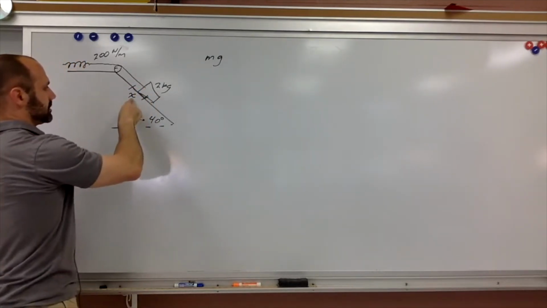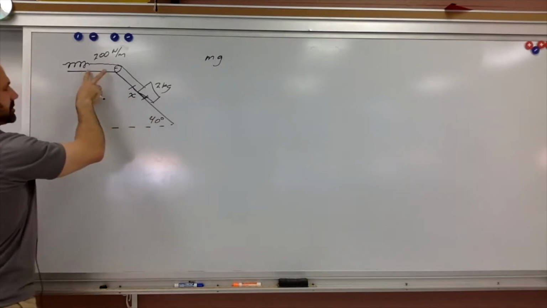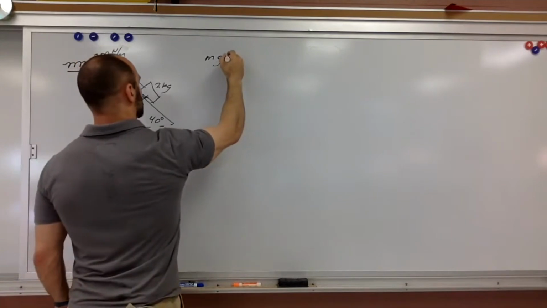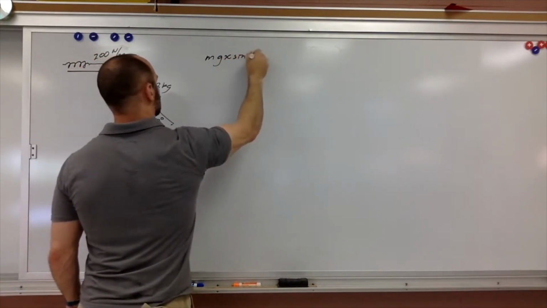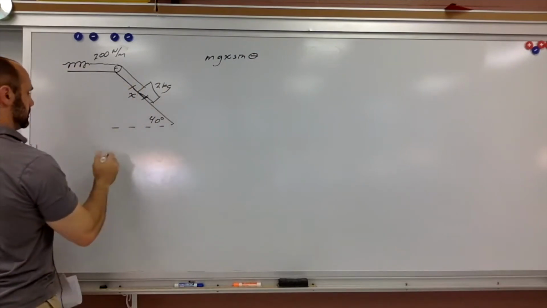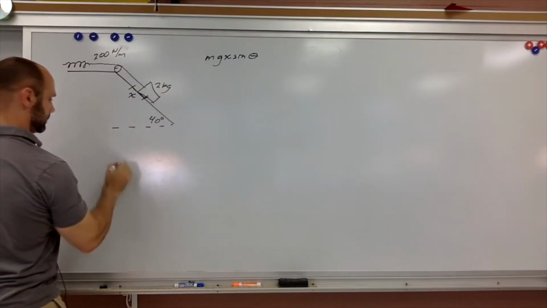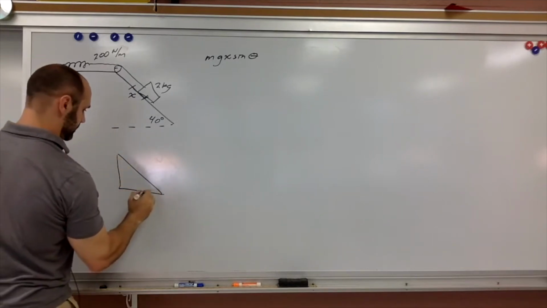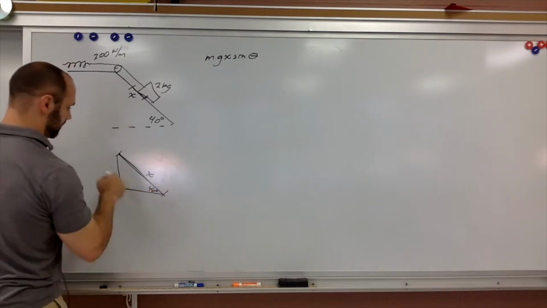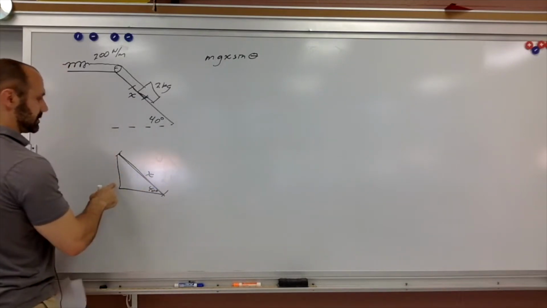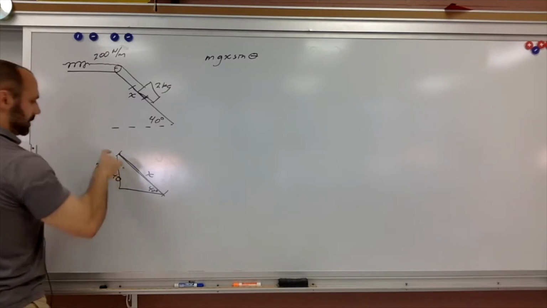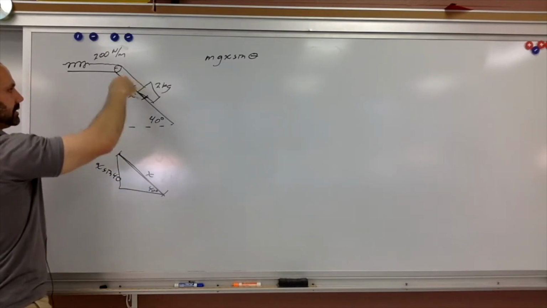But we want to do this in terms of x because x is how much the spring stretches. So mg, and this is going to be x sine of theta, this distance right here. If we do a little bit of trigonometry, if this is the distance x, this is 40 degrees, and so this distance is x sine 40. Right?